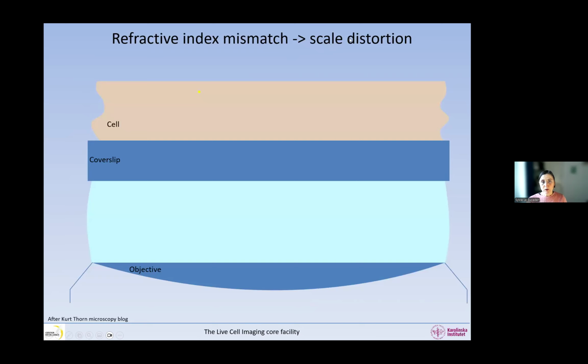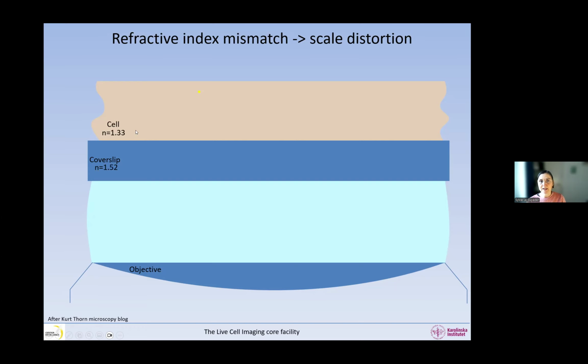So what are the consequences of having this distortion? We can see clearly that the PSF is elongated, so clearly everything will look more and more elongated as you go further away from the cover slip, but there's another consequence. So if we have a look here at how things work, now we have an objective, and here we have the fluorophore that is going to fluoresce. It's a little bit away from the cover slip, and this is a cell.